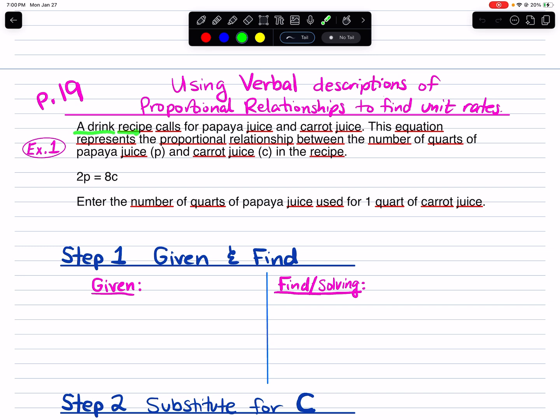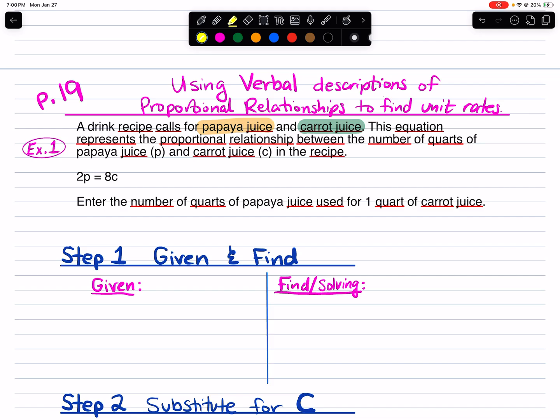A drink recipe calls for papaya juice and carrot juice. Cool, papaya juice and carrot juice. I'll color these a certain color. Papaya juice, and then this one will be green, carrot juice. This equation right here, let me color it yellow.